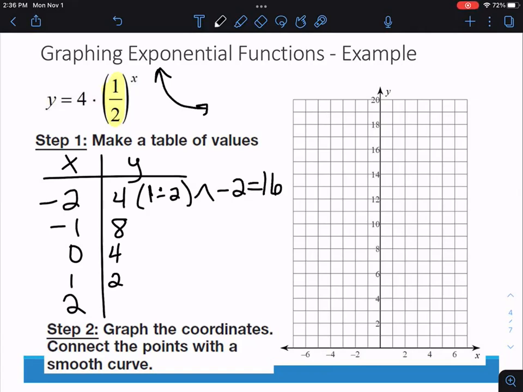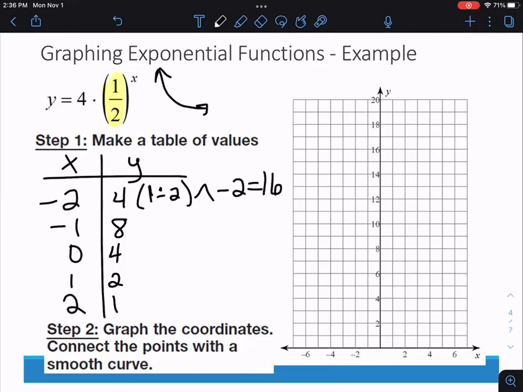I'm going to change the 1 to a 2, and I'm going to get 1. So that gives me a list of all of my values that I'm going to graph.